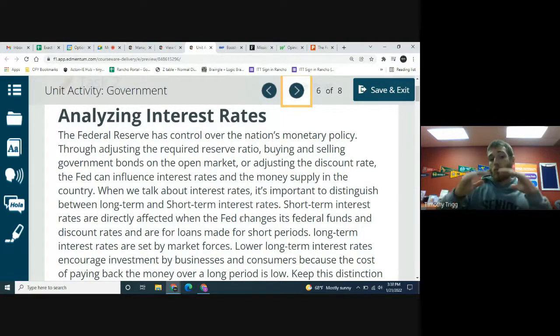When interest rates are low, the good thing is that it allows a lot of investors to invest, because they're able to borrow money at a very low interest rate. You can then use that money to invest in other opportunities, expand your businesses, and so forth.